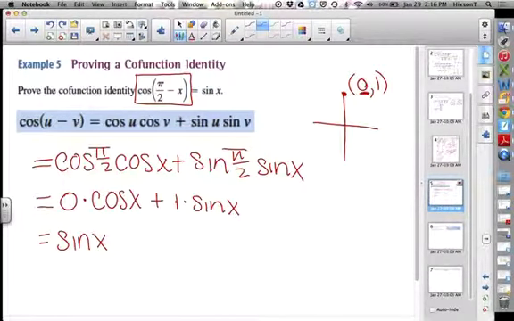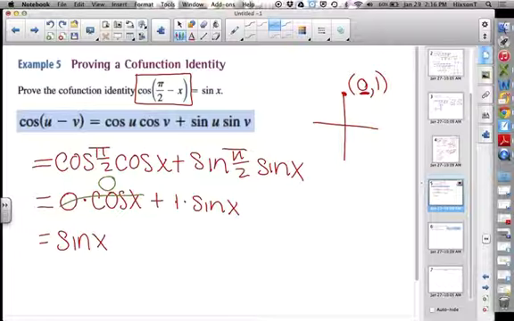Cosine is your x-coordinate. I've had a number of times, especially doing this stuff, where people are forgetting that cosine comes first and sine comes second. We're mixing them up a lot, all right? So be careful with your unit circle. Cosine was 0, so this entire portion equals 0.